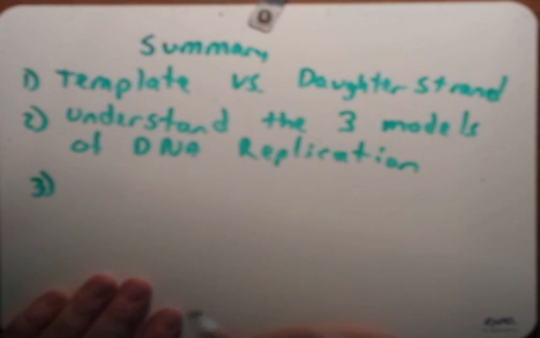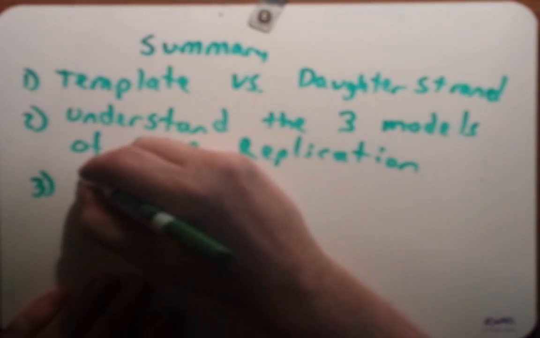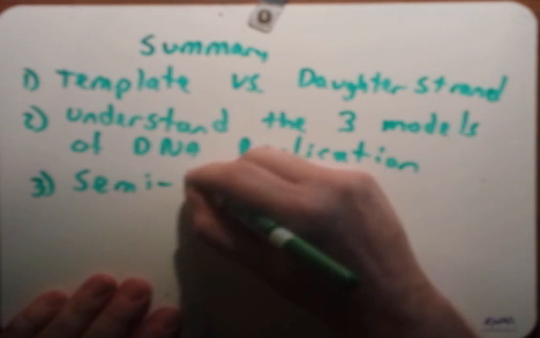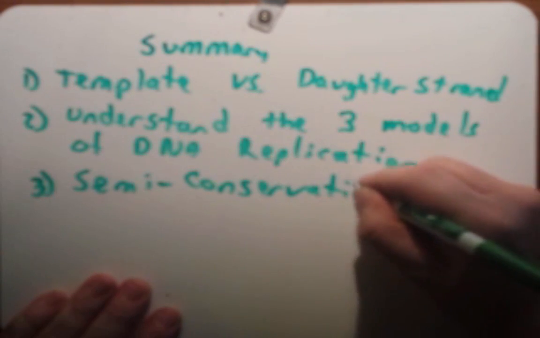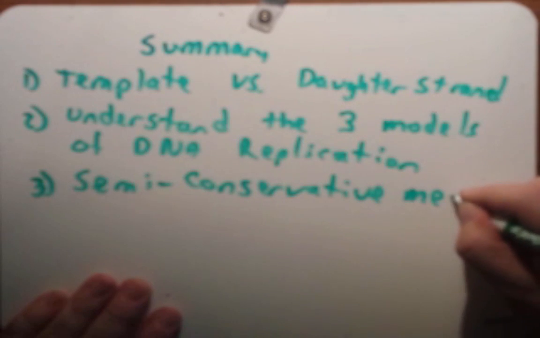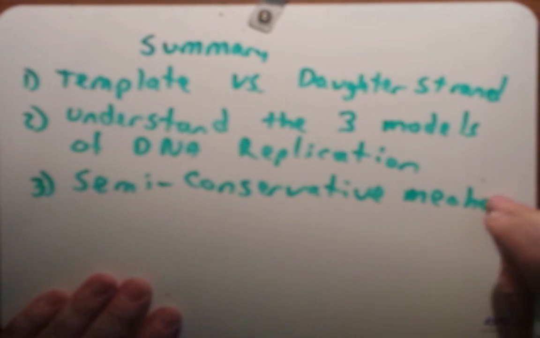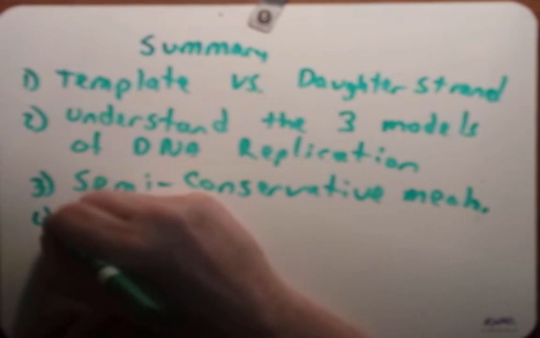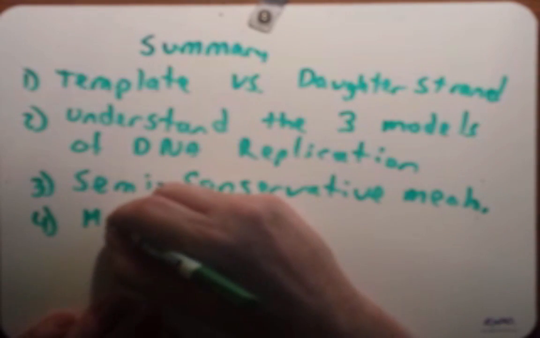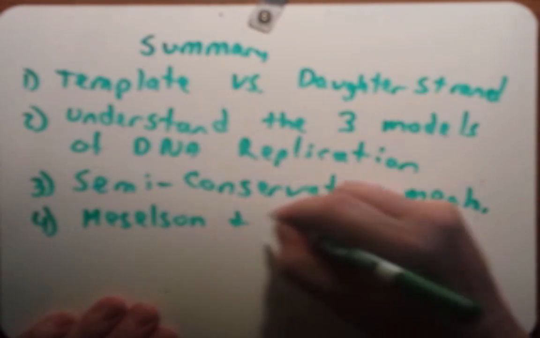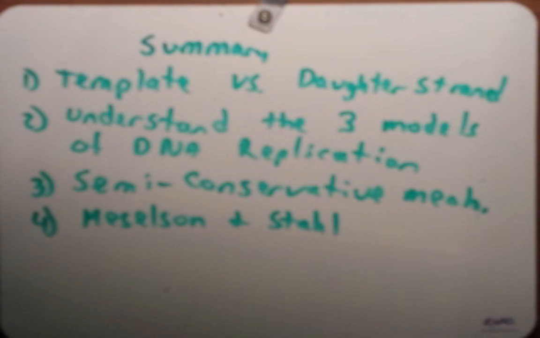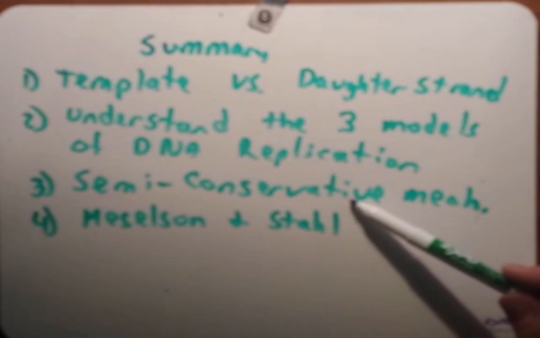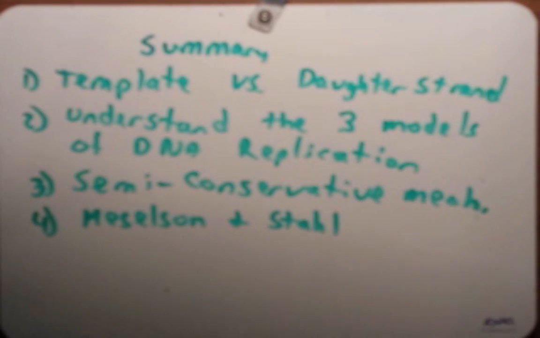You should know that DNA replicates using a semi-conservative mechanism. And then you should understand the Meselson and Stahl experiments, how what they saw showed that DNA replicates in a semi-conservative mechanism.